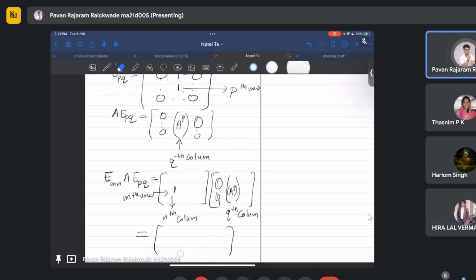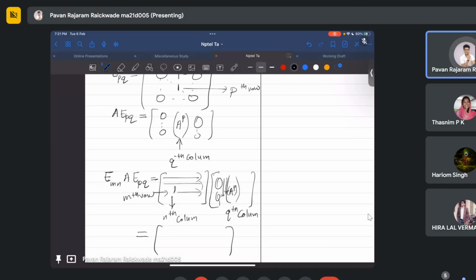Because you are multiplying from the left, it is easy to see from rows: first row times first column, second row times second column, something like this. For every other row you will get 0.